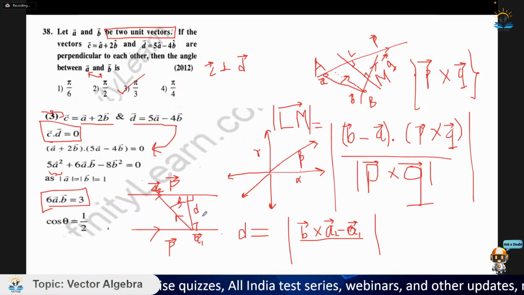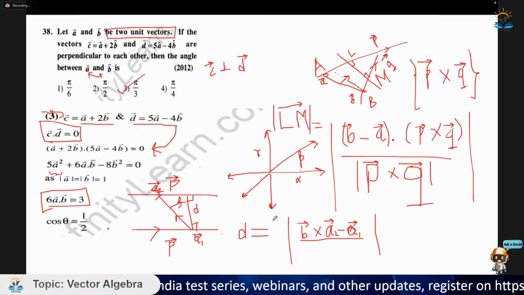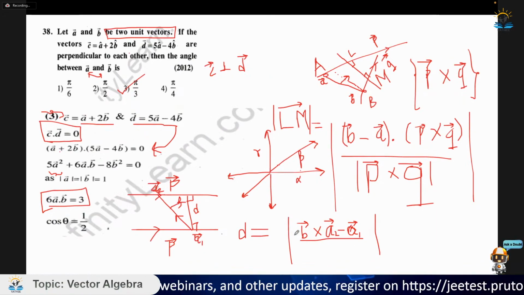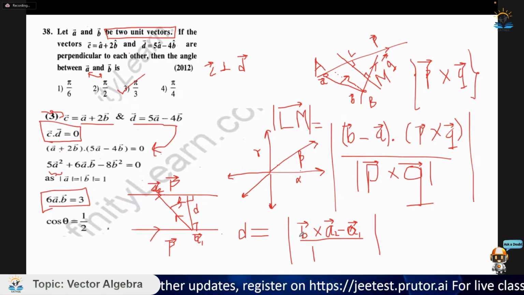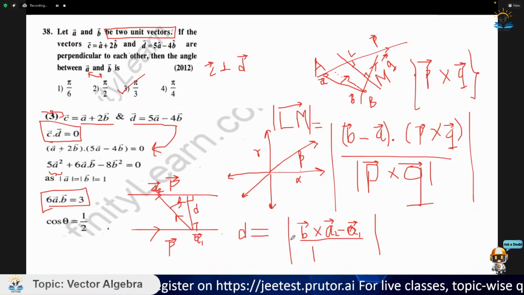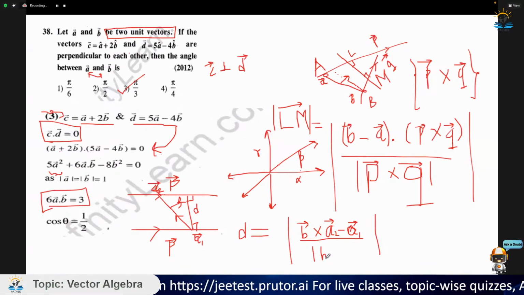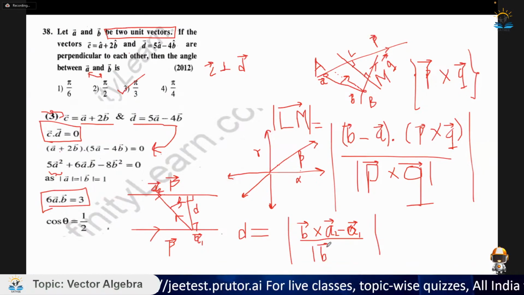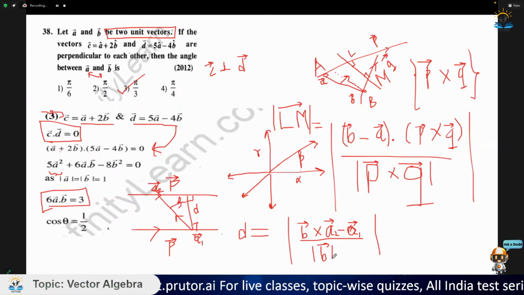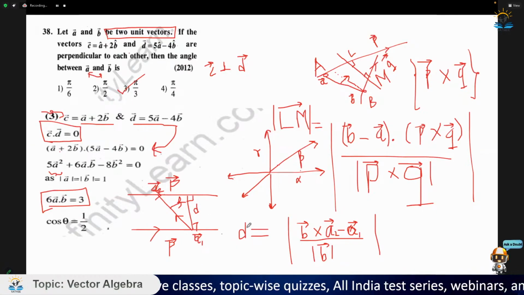What is d? It is a2 minus a1 cos theta, sorry, sine theta. So if we are considering b vector as a unit vector, then we have to divide here. To bring sine theta in the equation, we have to use the cross with the b vector. Now we have an extra magnitude of b on the upper side, so we will use magnitude of b in the denominator for canceling these two. Okay, so this is the value of d.